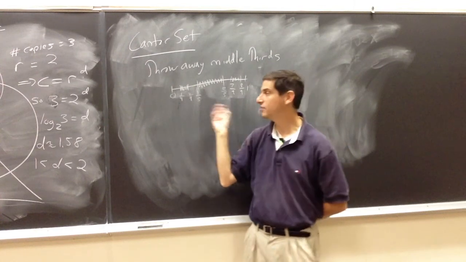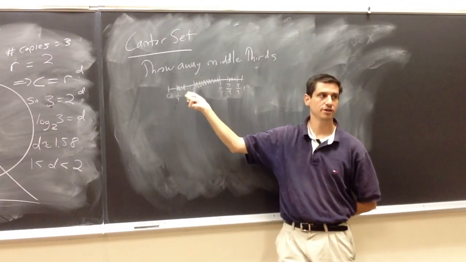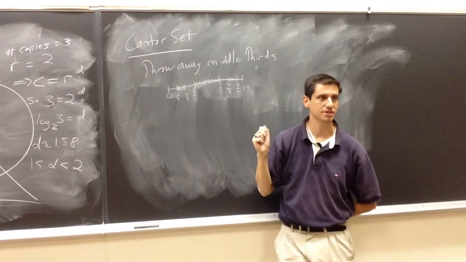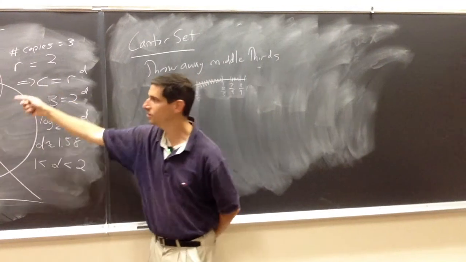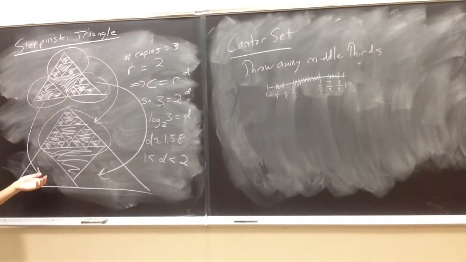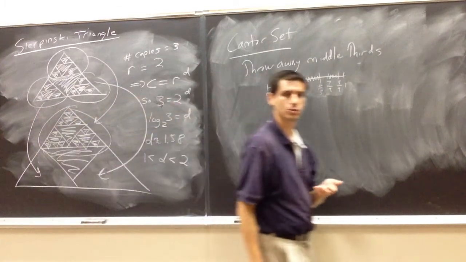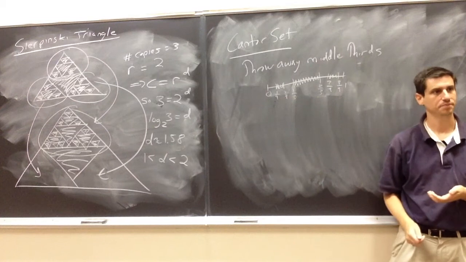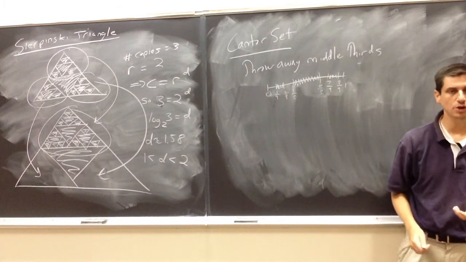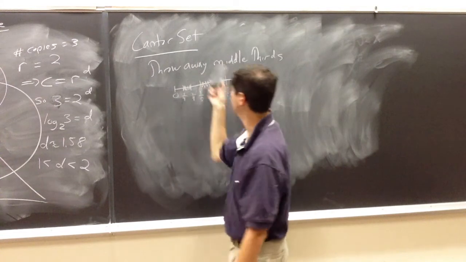R. So R is your dilation factor. So you've got to figure out what do you want to dilate by to get basically copies of things again. So here we saw if we doubled the triangle, then this filled in very nicely. So you want to figure out what do you need to do to get that to work nicely there as well. Okay. Any other questions on the Sierpinski triangle or on the Cantor set?